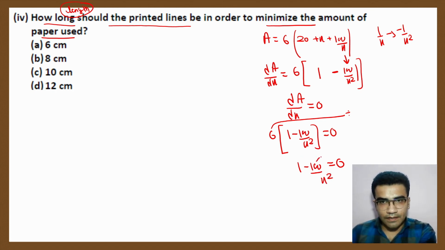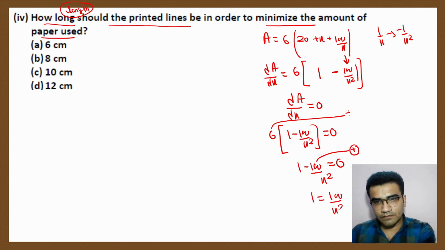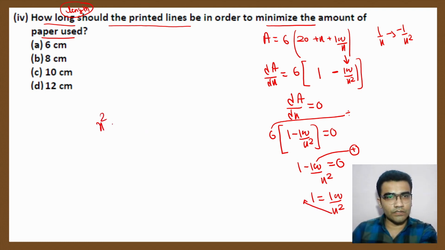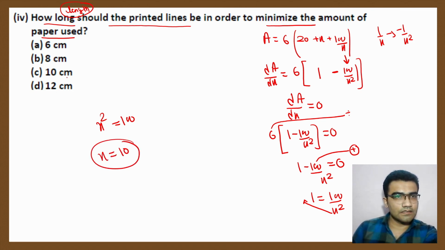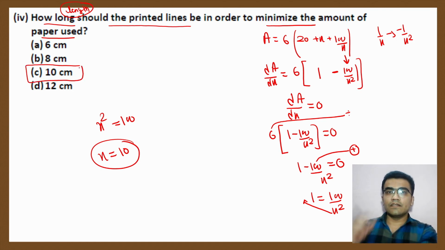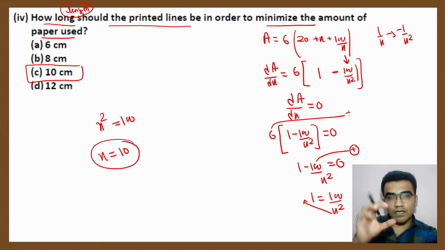This minus 100 by x square becomes positive after shifting, so 1 is equal to 100 divided by x square. This x square multiplied by 1 becomes x square, so x square is equal to 100, and we get x is equal to 10. So x is equal to 10 means option number three is our answer. The length of the printed portion is 10 centimeter.